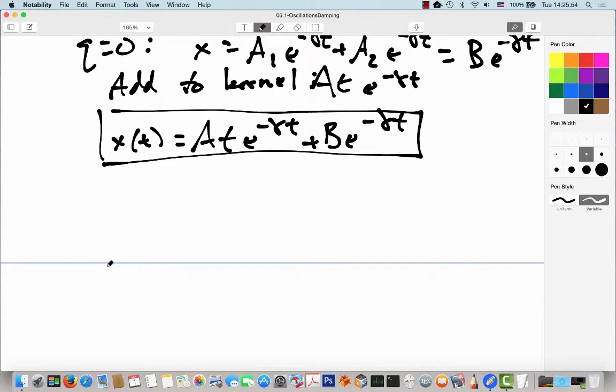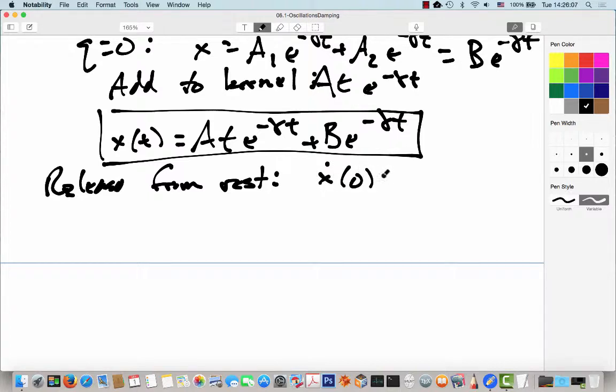So now let's go ahead and release from rest. So we'll be demanding that x dot at time 0, we're just going to set that equal to 0.